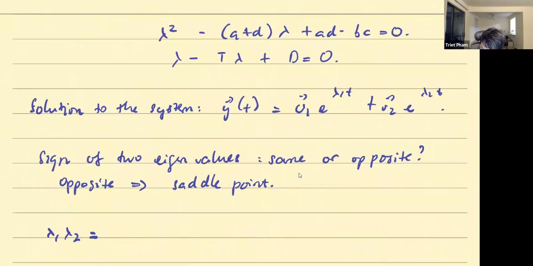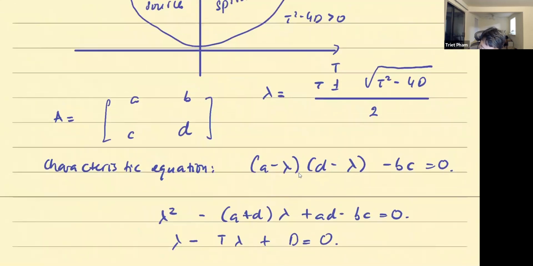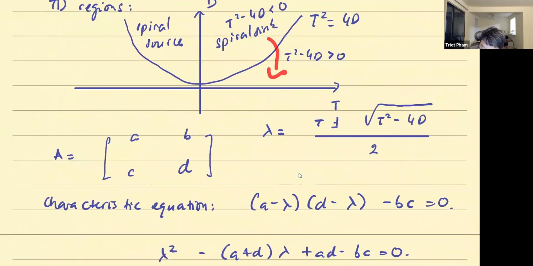So you got t squared minus... And by the way, when we're below the parabola, we assume that t squared minus 4d is positive. That's what it means to be below the parabola, because above the parabola, we already consider that to be a spiral.